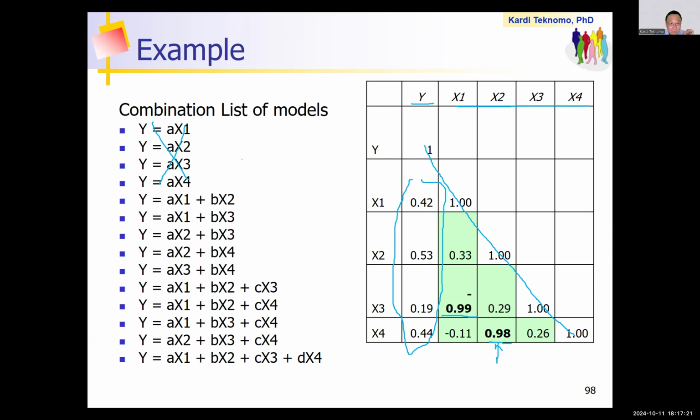Then you can use this model combination. And this is our list of all combination models. So 1 variable, 2 variables, and then 3 variables and 4 variables. These are the combinations. This is not okay, because the value is small. Can you see, less than 0.8?